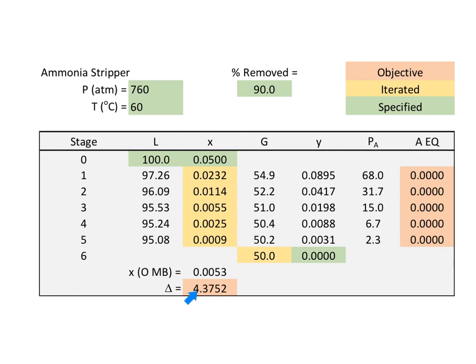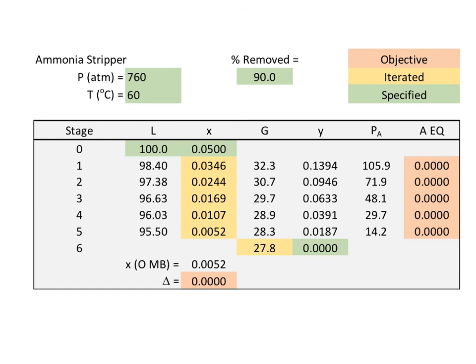The difference here is the two values subtracted from each other times 1,000 to make it more sensitive. So Solver is going to have to change this gas flow rate and then go through the entire calculation again, and this process will be repeated until this is satisfied.